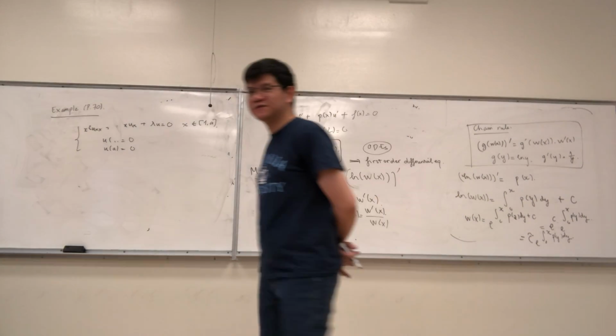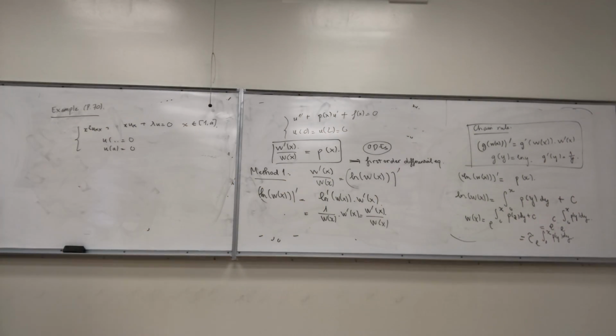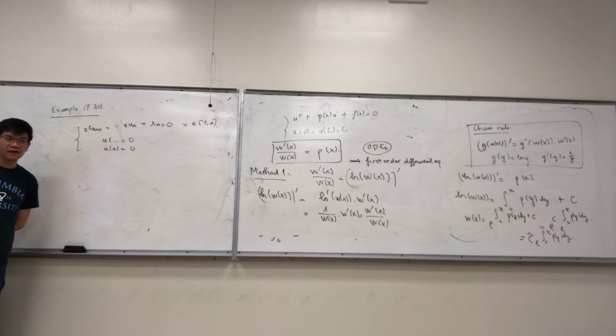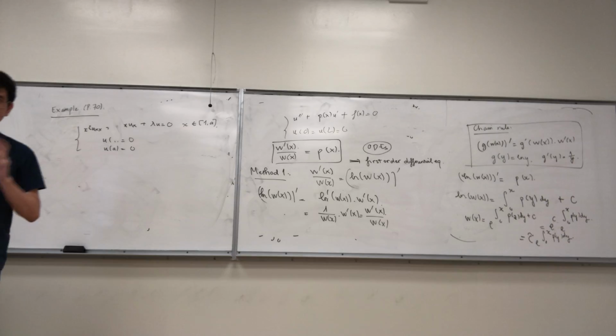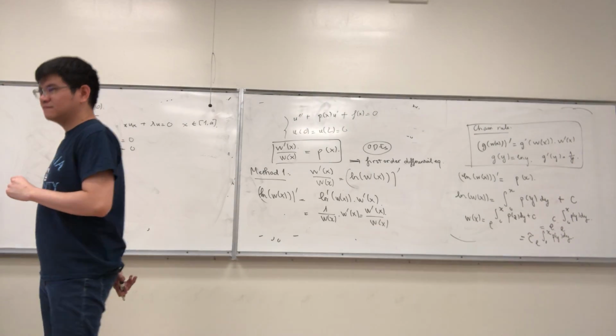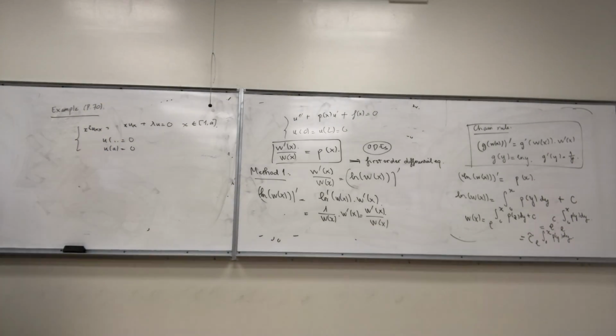So what is the w in this case? I want to know the w first. It's x. What is the w in this case? Is it e to the x squared over 2?